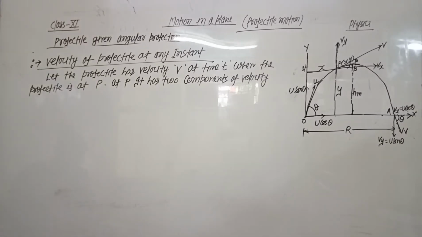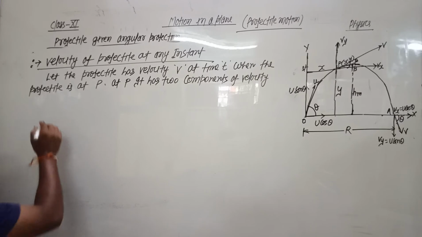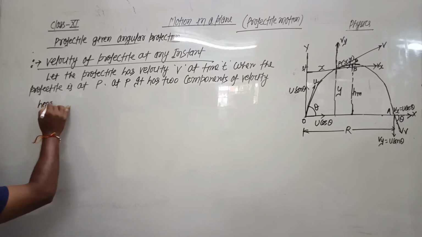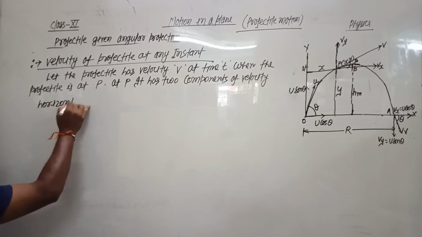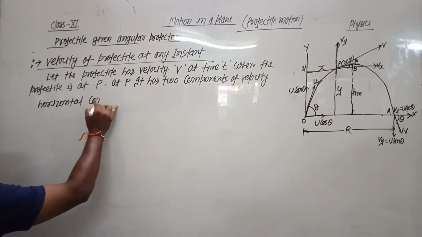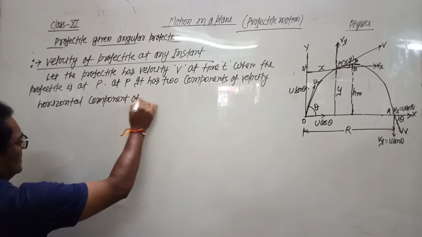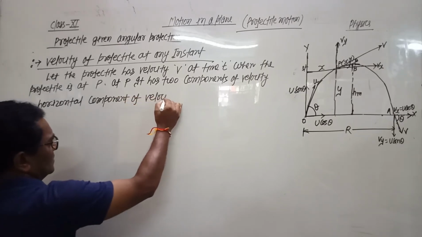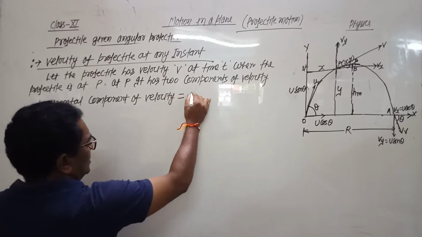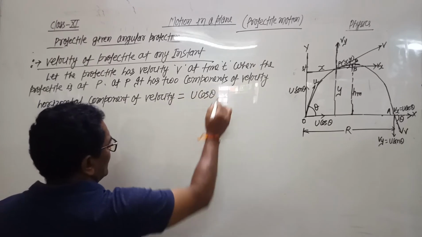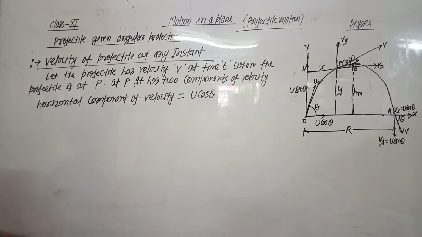The horizontal component of velocity at point P equals u cos theta, and the vertical component is to be calculated.